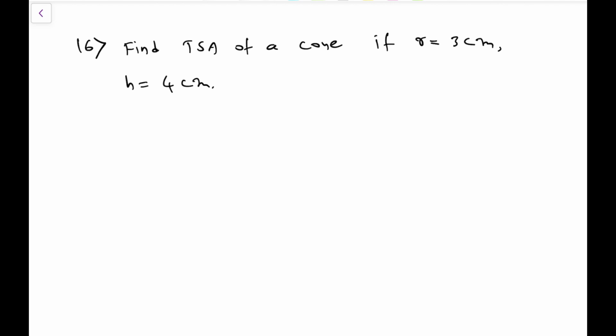Next question is find total surface area of a cone if radius is given as 3 cm and height is given as 4 cm. First of all, what is the formula for total surface area of a cone? That is pi r into L plus r.